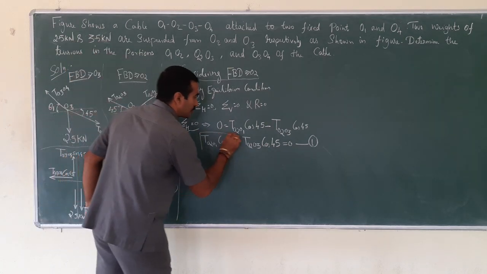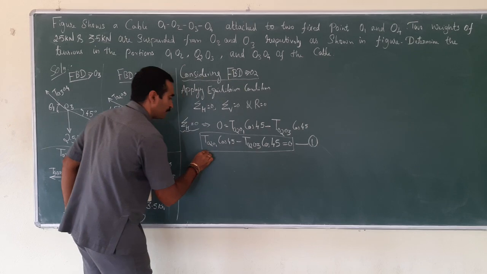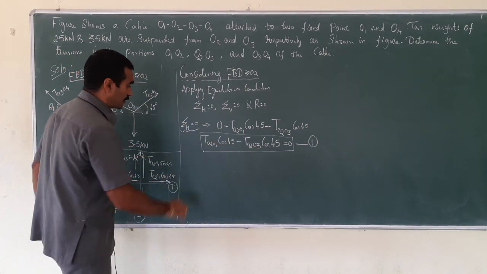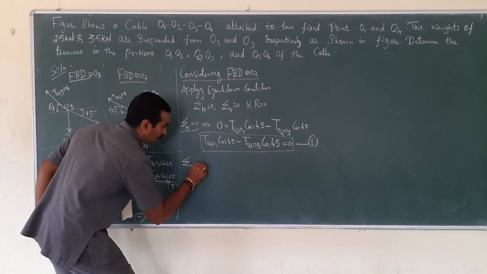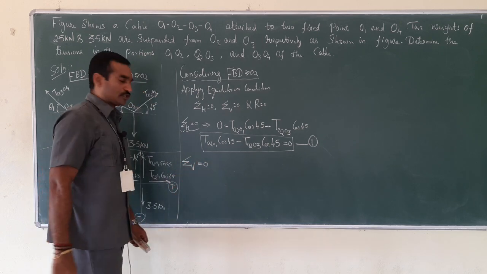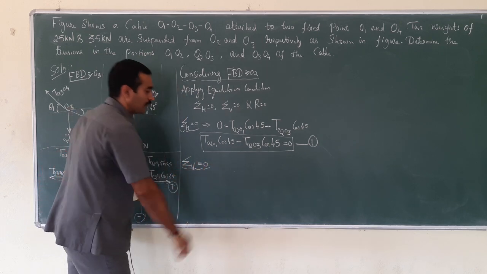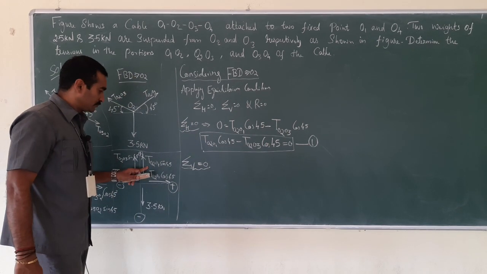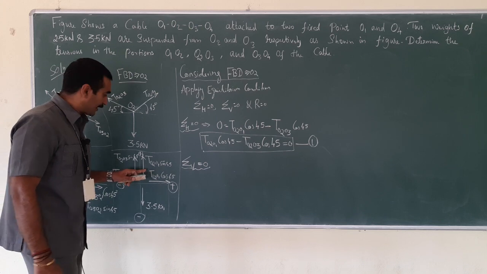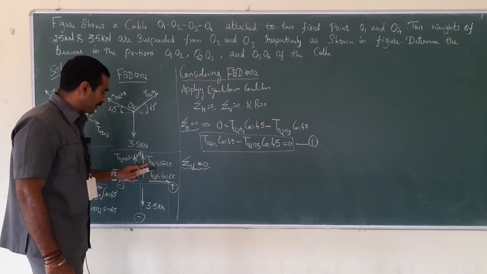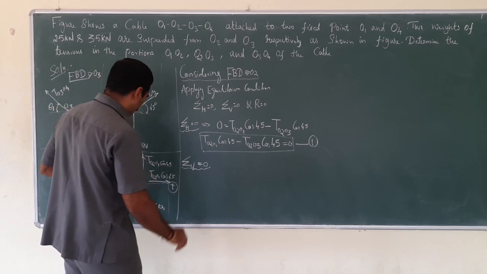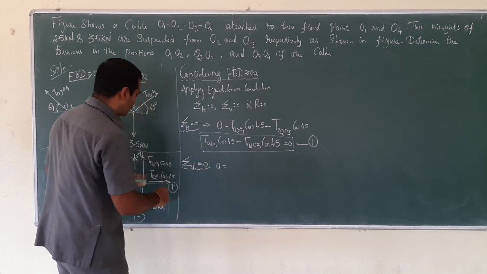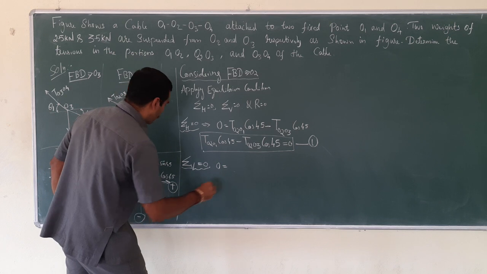So this is equation number 1. Got it? Let me just resolve all the vertical forces. So considering summation V equal to 0, which can be referred in the resolution force diagram, wherein a force which is acting here, that is T0, is acting in the positive y direction.